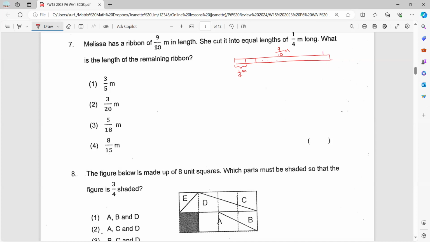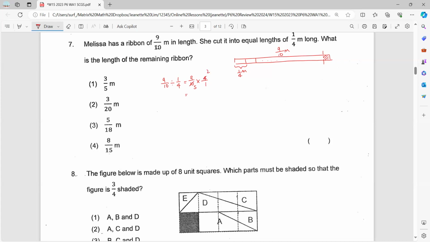And then there will be a remaining portion that is not enough to form 1/4 meter. So we'll take 9/10 divided by 1/4 to find out how many pieces we can get. Keep, change, flip. Simplify, this divide by 2, this divide by 2.